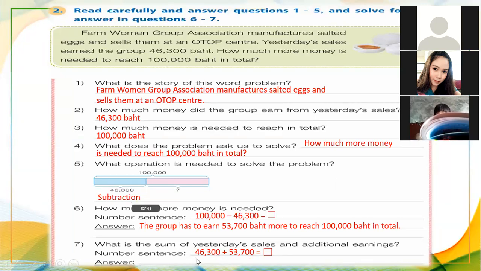So 46,300 added to 53,700 gives 100,000 baht, which means our answer is correct. 53,700 baht is what the group has to earn more to reach 100,000 baht in total.